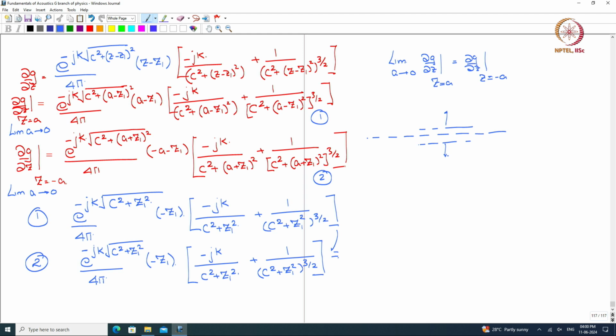So that means this is equivalent to a situation where we have a source which is sitting on a hard wall. This is the physical picture.